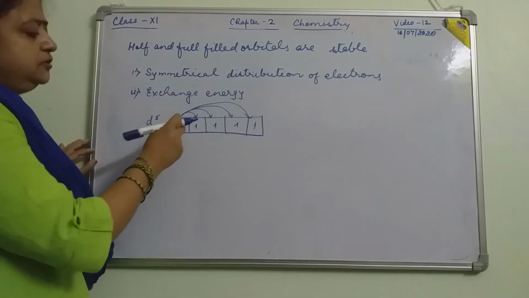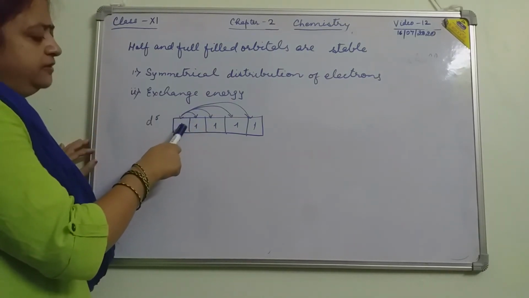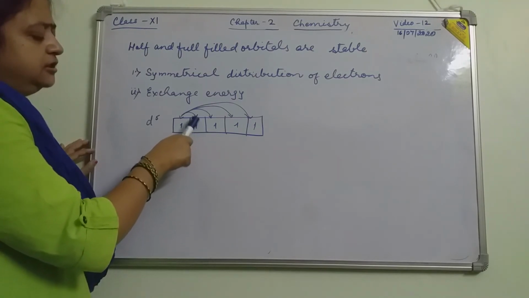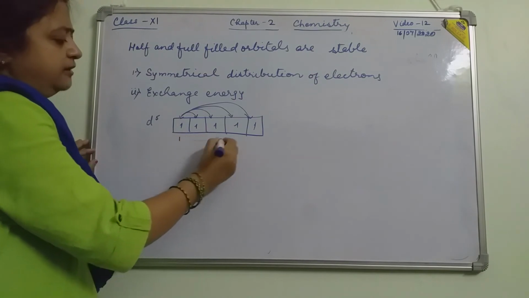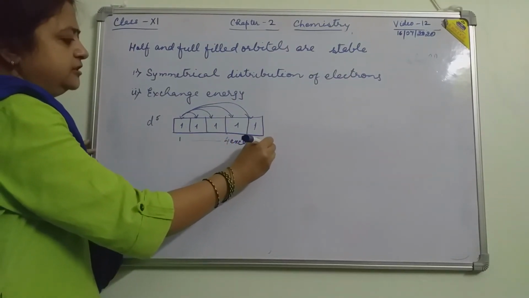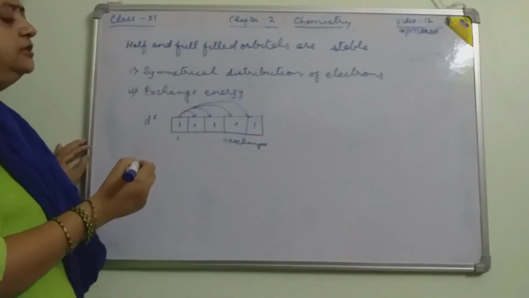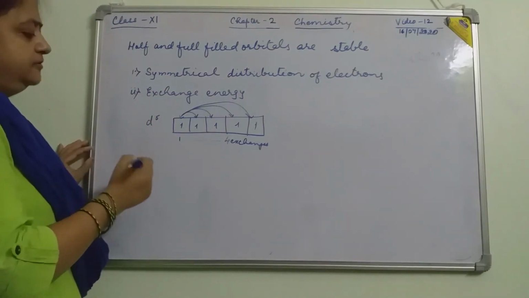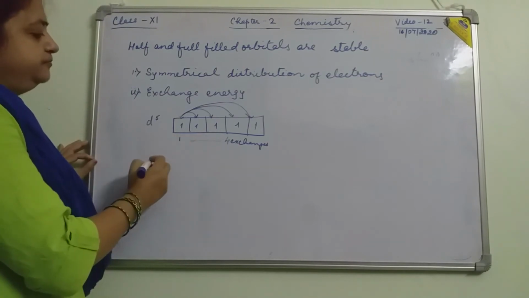When this electron jumps to this room, that electron comes to this room. Likewise, there are 4 exchanges possible. In each exchange, energy is lost, so the energy becomes less and the stability becomes higher.